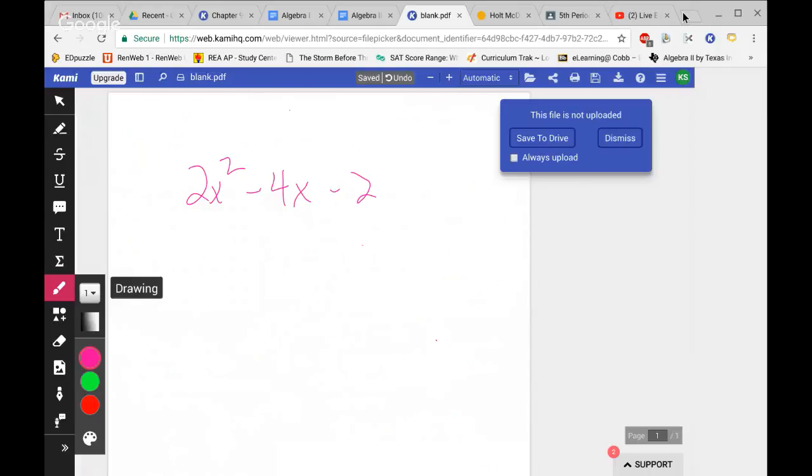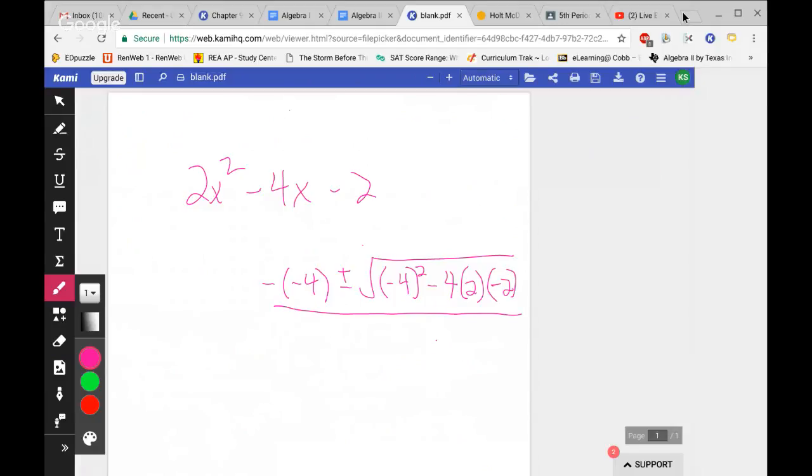Okay, so then we have the opposite of b plus or minus the square root of negative 4 squared minus 4 times a, which is 2, times c, which is negative 2, all over 2 times a, which in this case is 2. Lots of 4s and 2s.